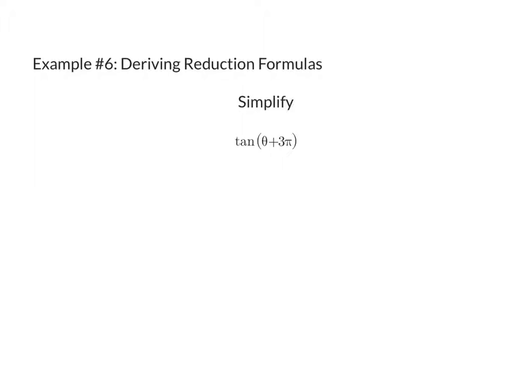Okay, in example 6, we're going to simplify tangent of theta plus 3 pi. The sum formula for tangent, as a reminder, is tan u plus tan v over 1 minus tan u tan v.